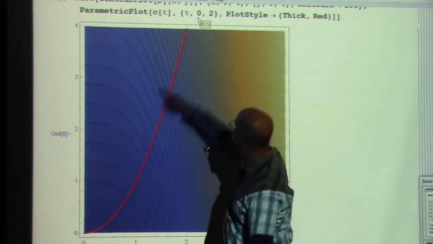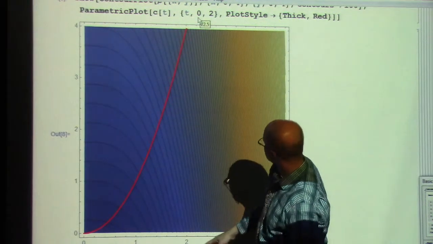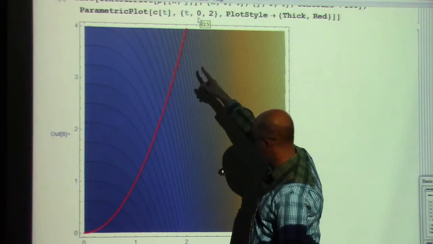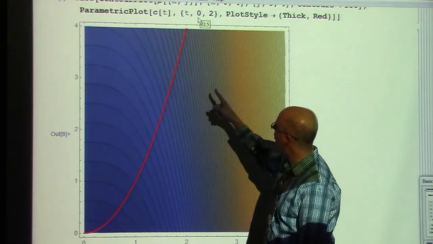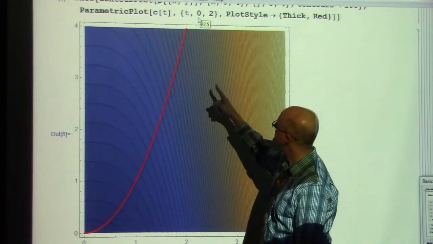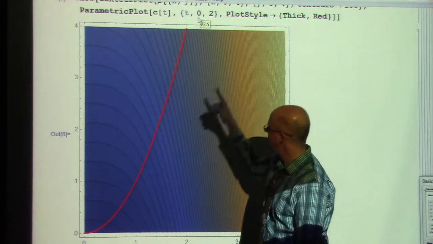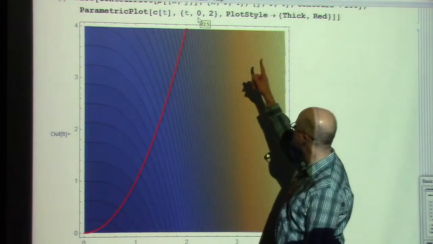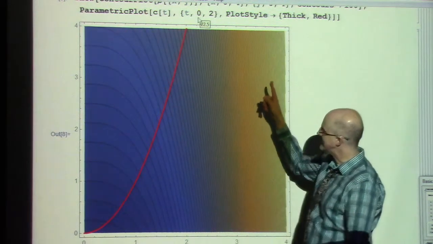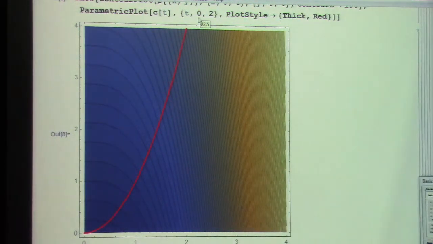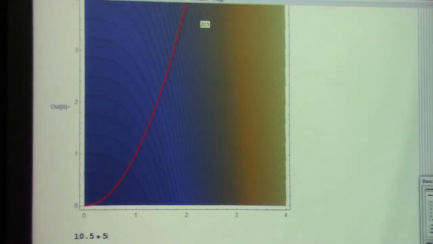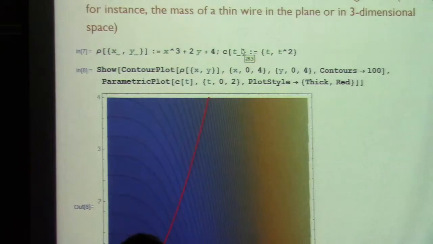The length of the straight line between those two points, points (2, 4), is the length of the vector (2, 4), square root of 20, between 4 and 5. This curve is, of course, longer than that. I don't know, 5? Just guess 5. Actually, I didn't do this in the last class. I found the exact answer, or a more exact answer. I'm going to make a rough guess of 52.5 grams for the mass of this wire.